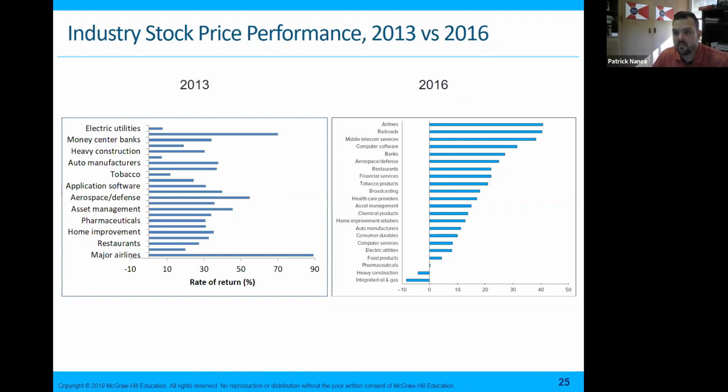You can see a pretty large difference between, say, aerospace and defense, here at about 55% or so. Here it's at 27, 28. Banks and money centers, you see that one over here. Banks here, substantially less. So you see 2013's returns compared to 2016's returns.